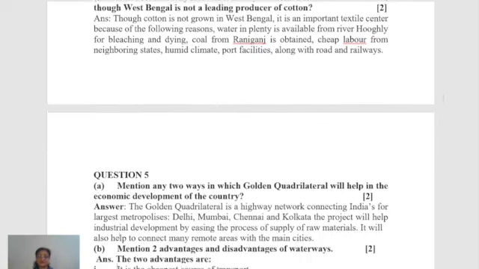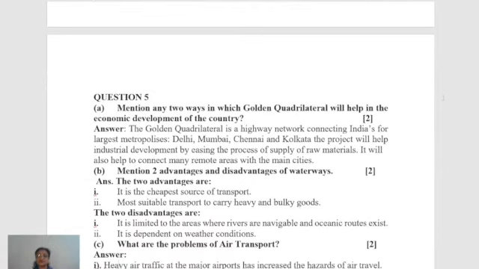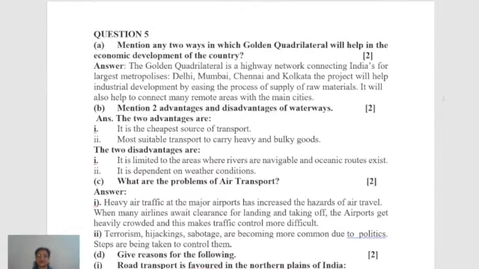Now, question number 5. Mention any two ways in which the Golden Quadrilateral will help in the economic development of the country. So, the Golden Quadrilateral is a highway network connecting India's four largest metropolises, like Delhi, Mumbai, Kolkata, Chennai. All these are interconnected by this project.